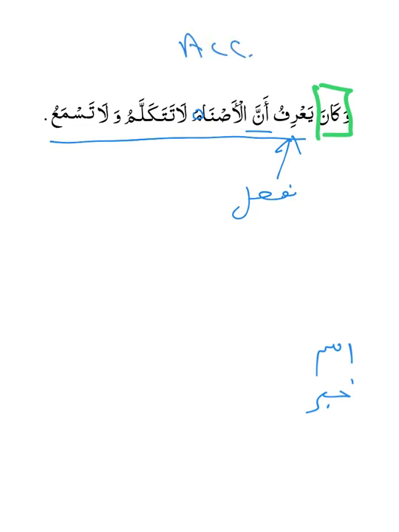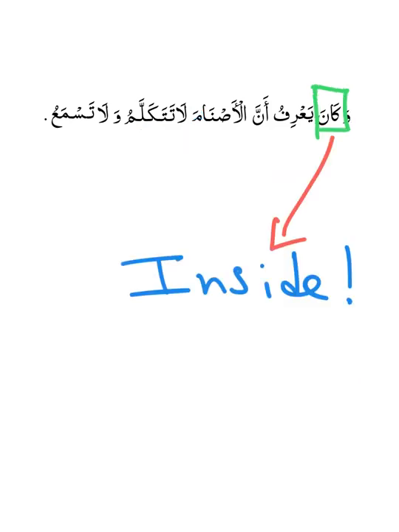Inna, anna, ka anna, their ism is always in the accusative case. And their khabar obviously is this. So where is the ism of kana? Let's go back to our original question. As you've correctly identified, the ism of kana is inside it.